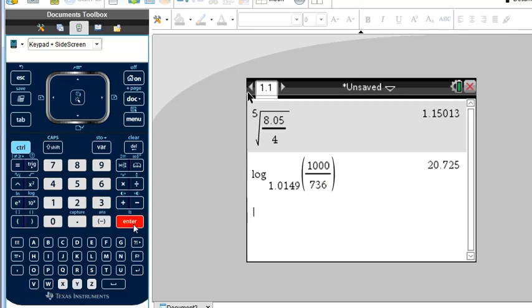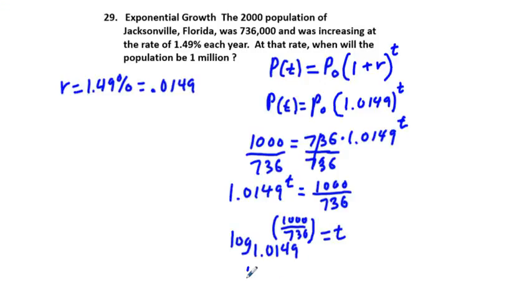And when we do that, we get 20.725. So t equals 20.725 years.